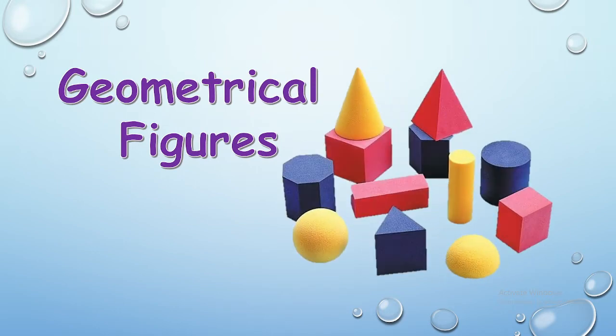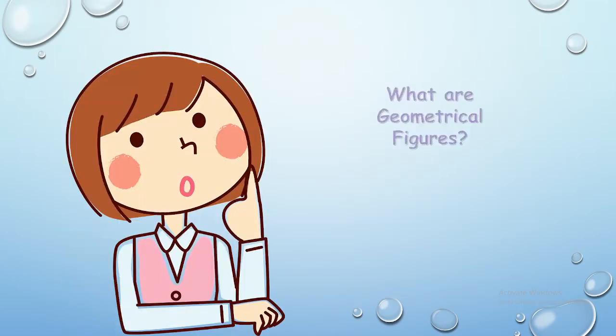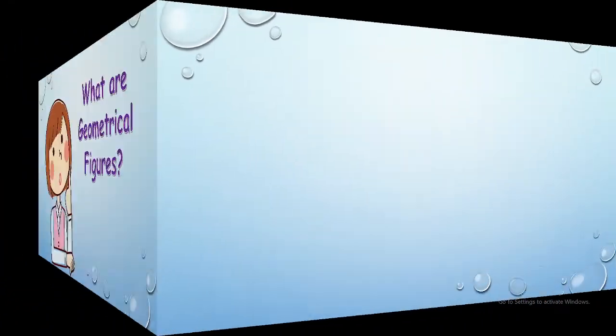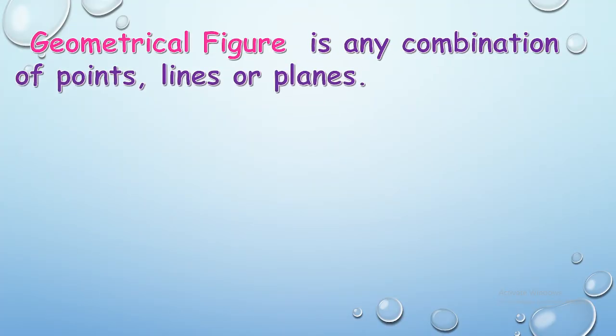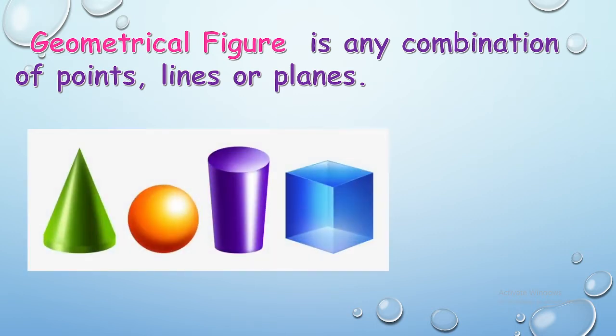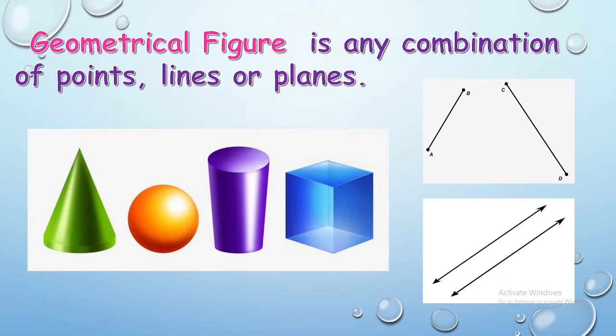Okay. Now, our topic last time was about geometrical figures. What does a geometrical figure mean? Geometrical figure is any combination of points, lines, or planes. It means if you draw some points and then you make a line and then you make another line, connect it to another line and enclose it. It means you make it closed by connecting all the lines.